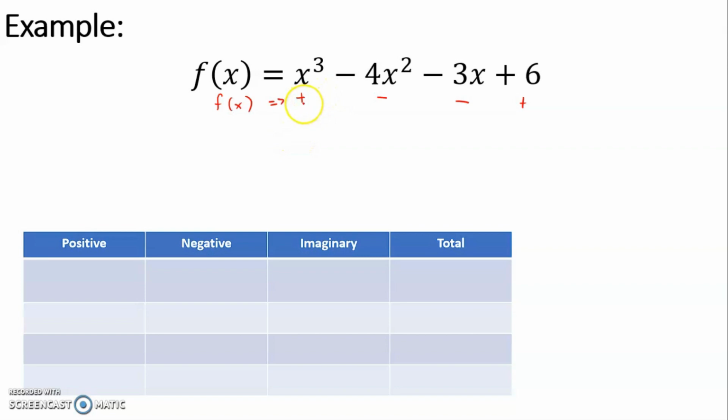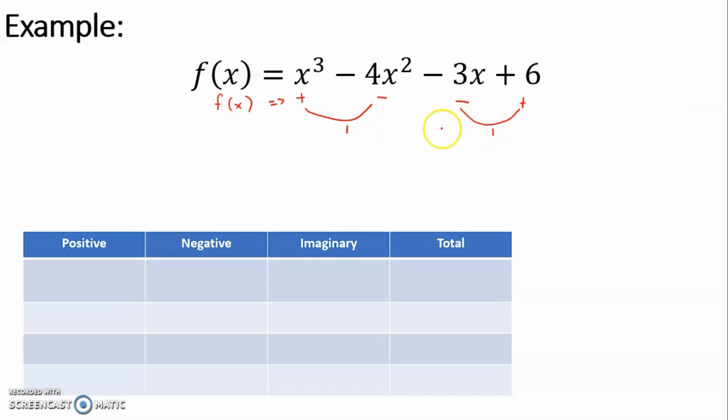So we have positive, negative. This is counted as one change in sign. Negative, negative, they are both negative, so there's no change. Negative, positive, they are different again, or opposite signs, so another change of sign.